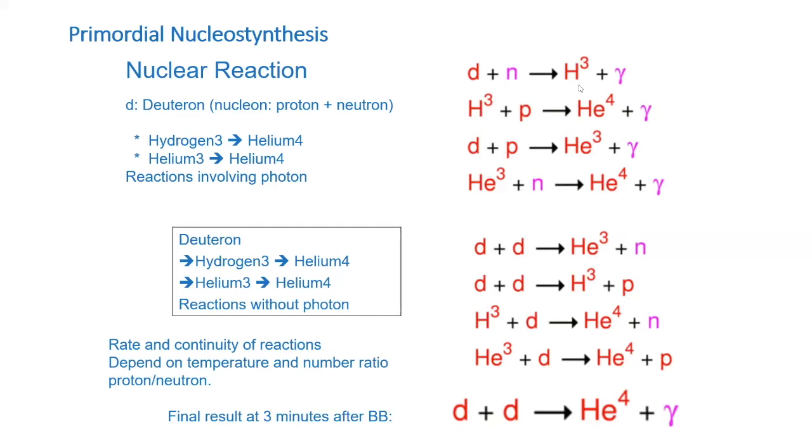For example, deuterium has one proton and one neutron. You add a neutron to it and you get a hydrogen with three nucleons. The difference of the total mass is released in the product as photons. So you produce photons this way as well.